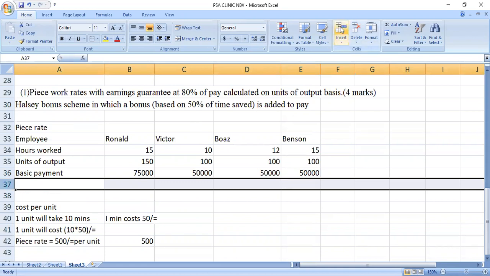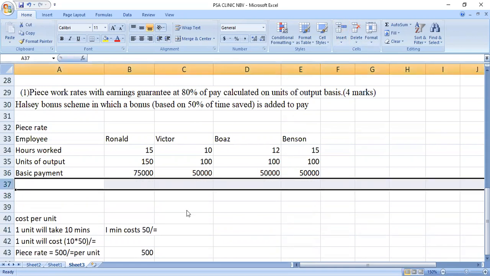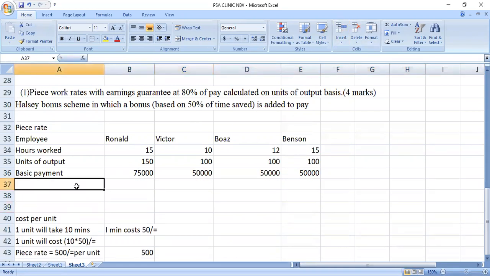Okay, so let's apply the guarantee bit. Now the guarantee bit, this is how it works out. The guarantee is the minimum payment that the guy is supposed to take home. This is what it means: if somebody is lazy and therefore is producing very few units, this is where the guarantee comes in.